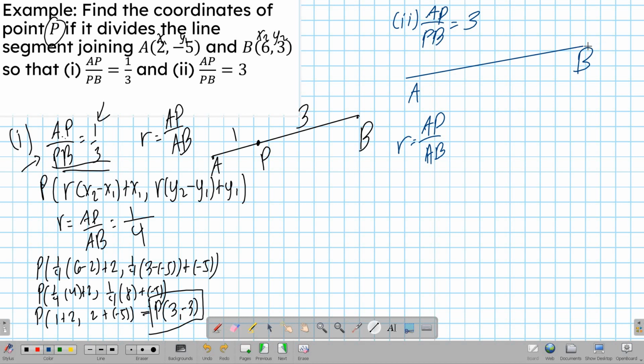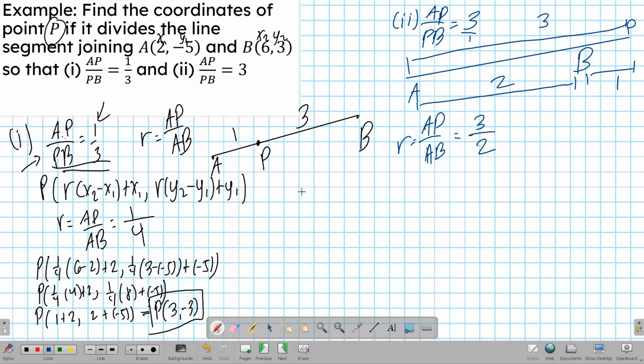Let's extend this point here. This can be P, and this entire length would be 3. How about PB, sir? This is 3, so its denominator would be 1. So, this would be 1. If AP is 3 and PB is equal to 1, therefore AB would be equal to 2. Therefore, the ratio now would be AP is 3 while AB is 2, which follows our external line division where R should be greater than 1.